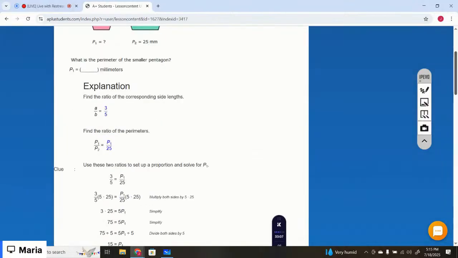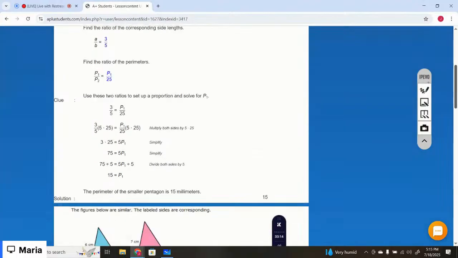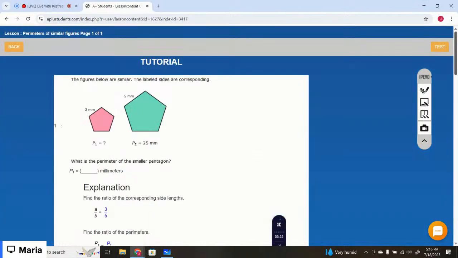That is 3 by 5 equals P1 over 25. That would be P1 equals 15. Let's just start with the test questions.